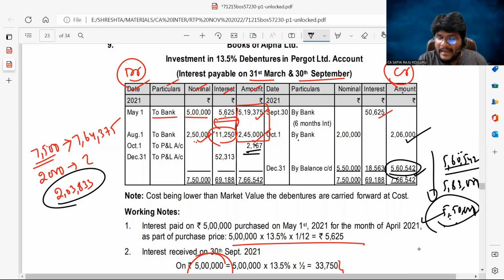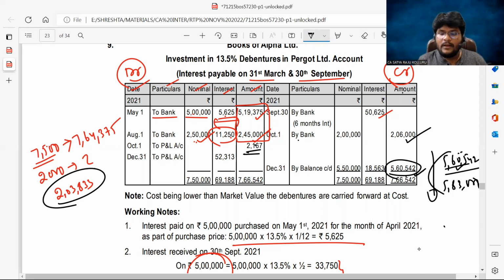Then you need to carry at 5,50,000, and the difference you also need to provide as a loss, which is 10,542. Do you understand? But here in this case, the market value is more than the cost price. That's why we are simply carrying it at cost price only. No need to report any profit or loss on valuation of investment.